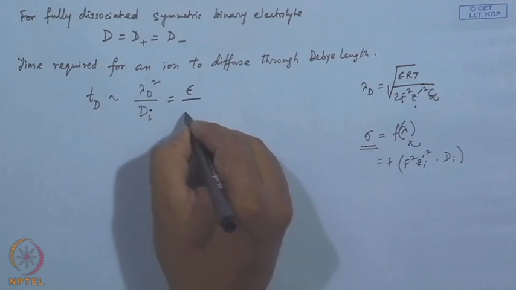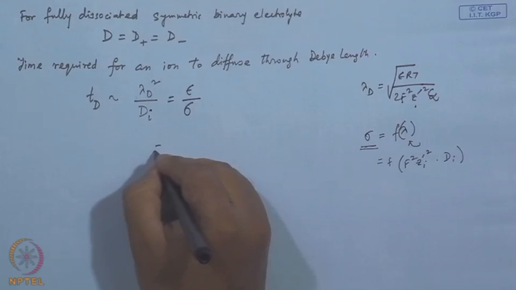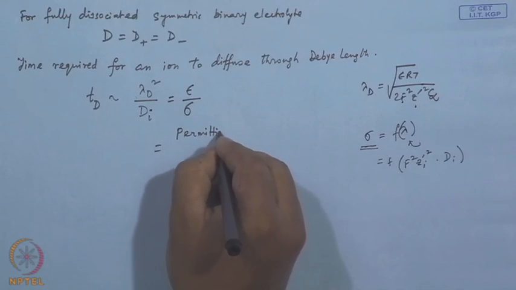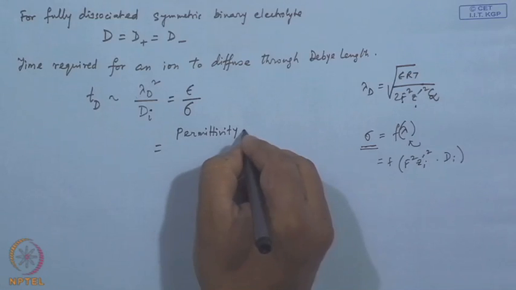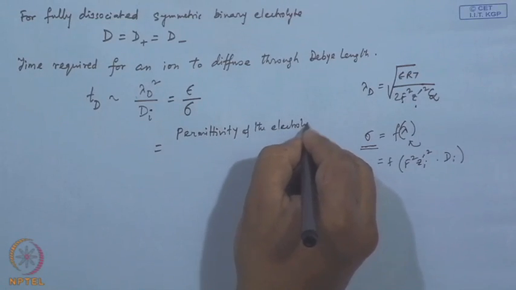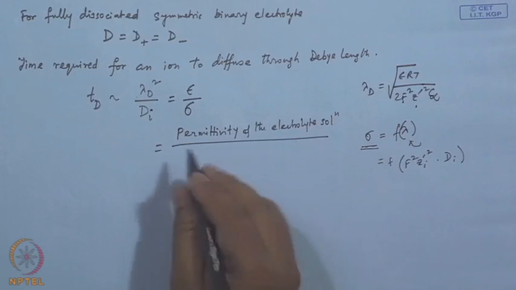That means this is the ratio of the permittivity of the electrolyte solution divided by the conductivity of the electrolyte solution.